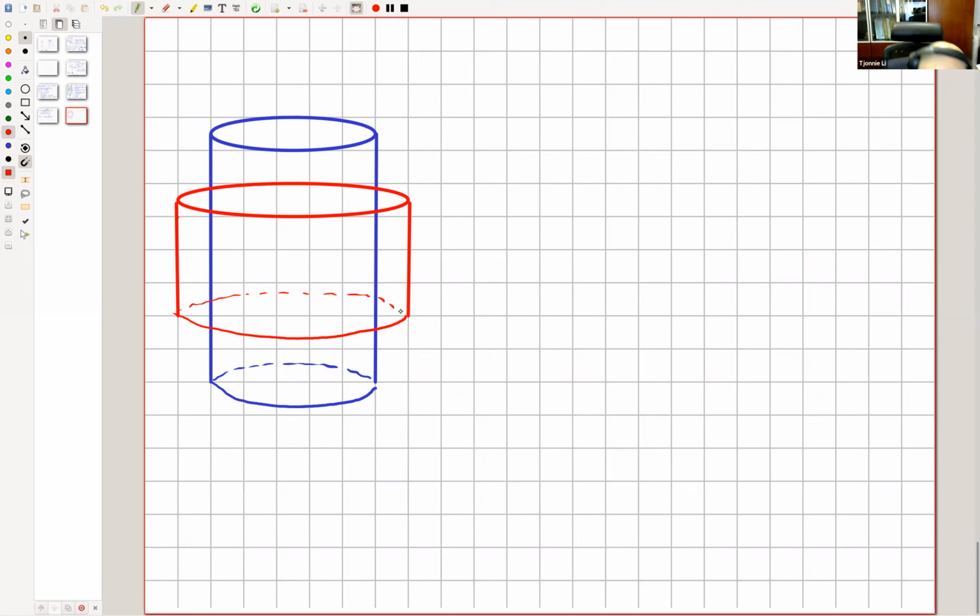And one thing that I do know, once I've done this, is if I integrate over the red one, I can look at the radial components.